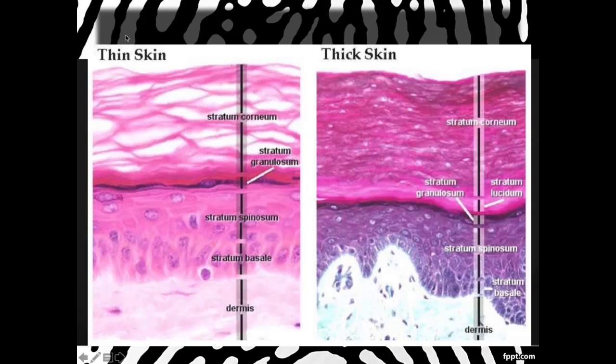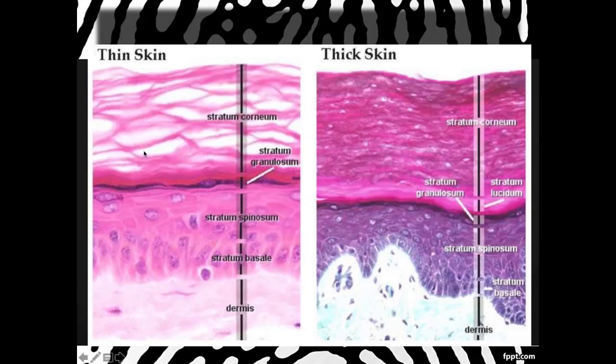So thin skin is the skin where the epidermis is thinner, about 75 to 125 micrometers. And thick skin is skin where the epidermis is thicker. It has about 500, 600 micrometers thickness.